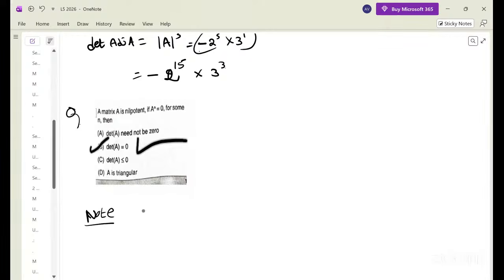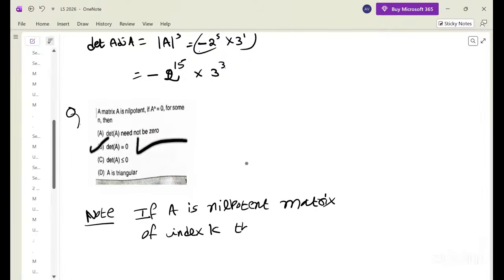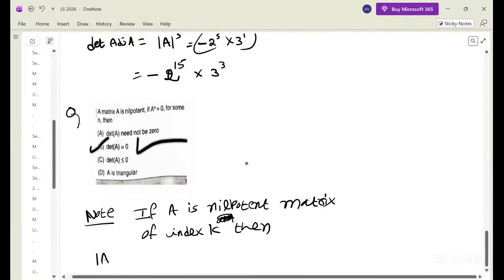If A is a nilpotent matrix, of index anything, index K, whatever may be the index, whether it is K or n, then det A is 0.